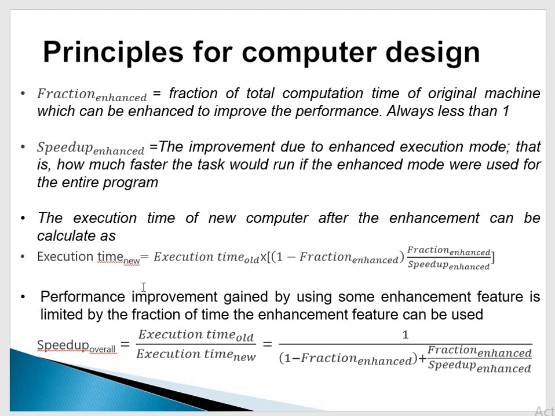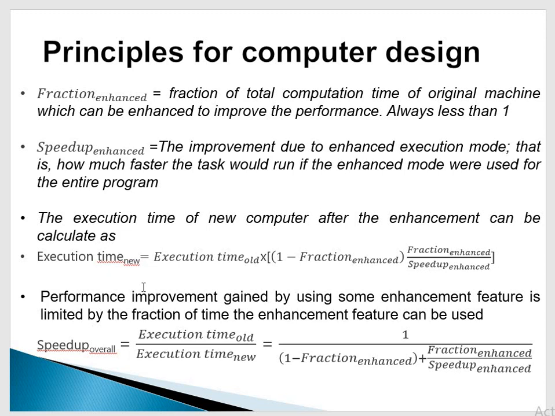For example, say we are having a machine and we want to enhance the performance of that particular machine. One thing is we will enhance the performance of each and every part, hardware and software part of the machine to get the enhancement. That is a very difficult task.